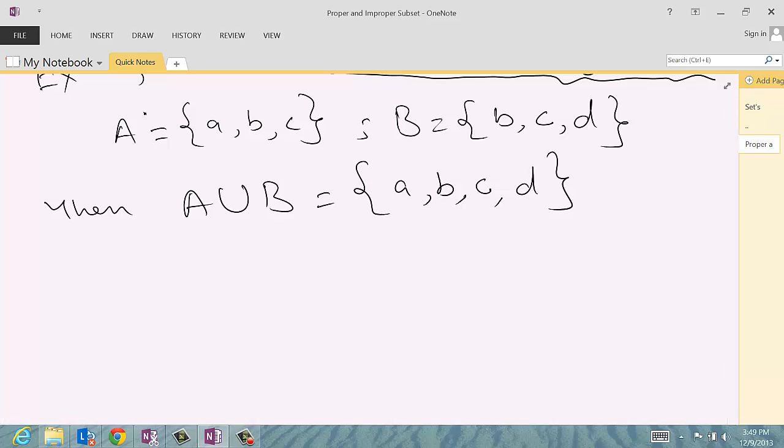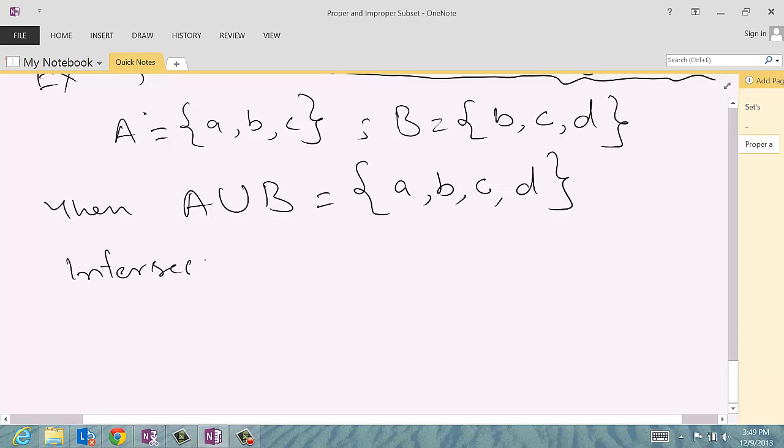Now there is another operation which is called intersection of sets.